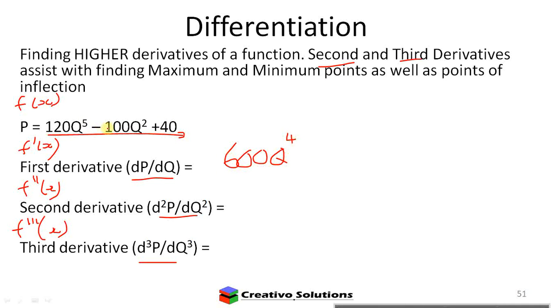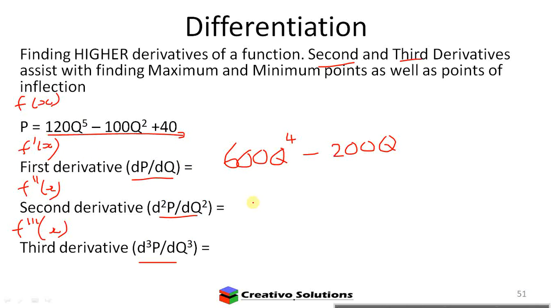There's the first derivative. Then the second one, what's 2 times minus 100? Minus 200. x to the 2 minus 1, which is 1, so that stays there. What's the derivative of 40? It doesn't have a derivative, it's 0. There's the first derivative.